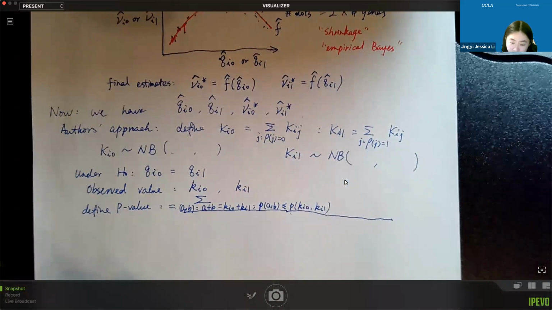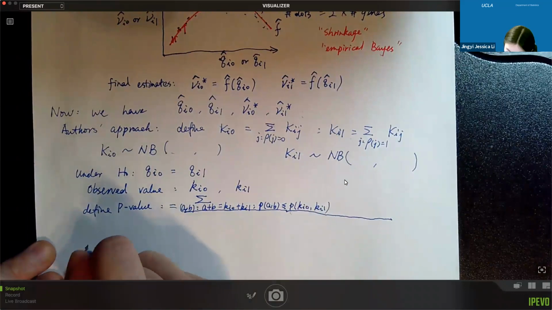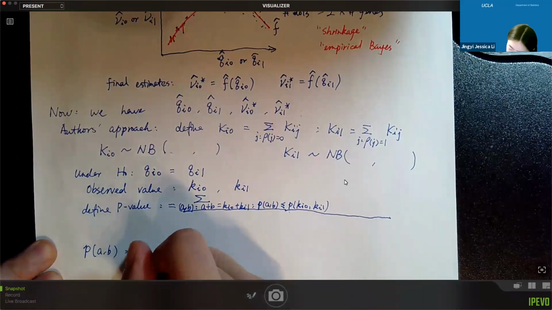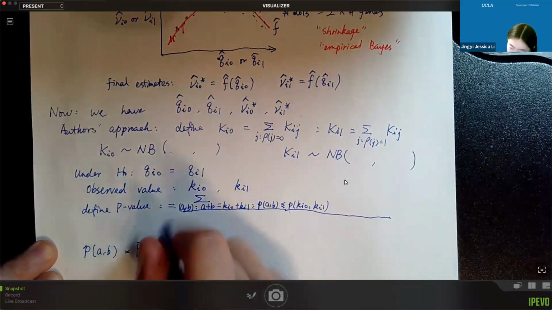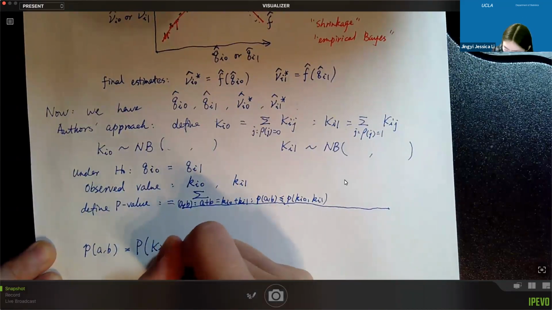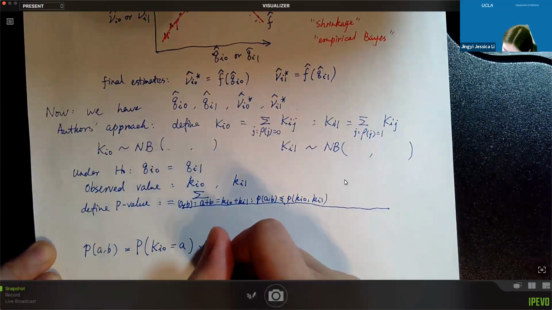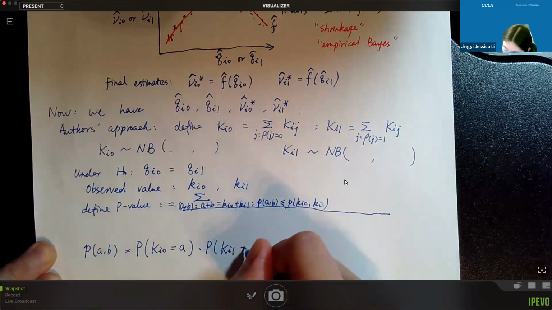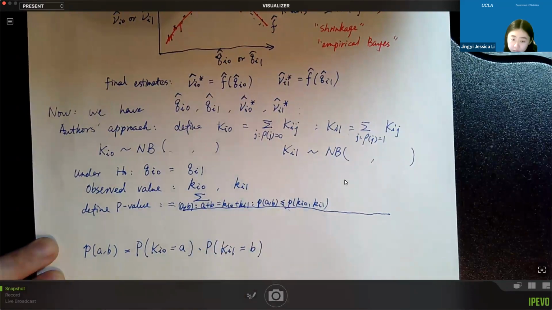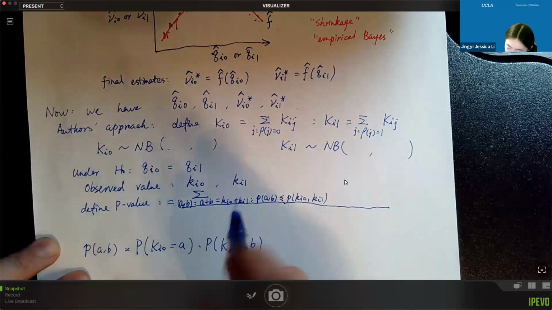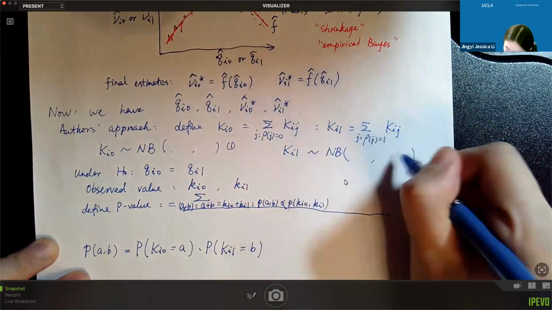They define the probability of A and B as the product of the probability that Ki0, which they assume to follow a negative binomial, equals A, times the probability that Ki1, which they assume to follow another negative binomial, equals B. So it's going to be calculated from the two negative binomials, maybe I'll call them 1 and 2.